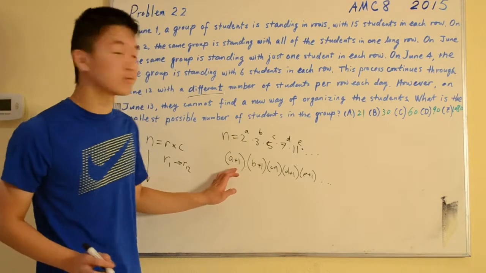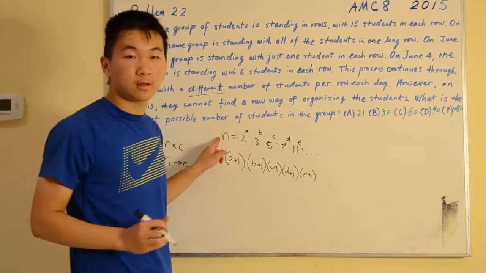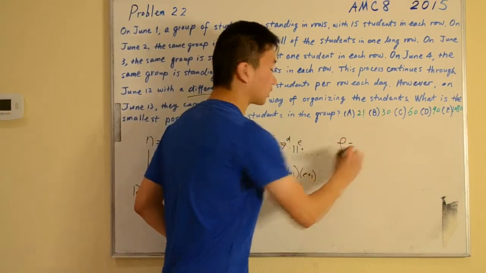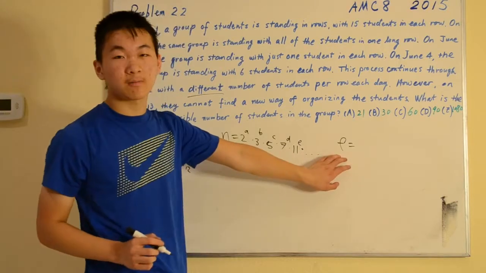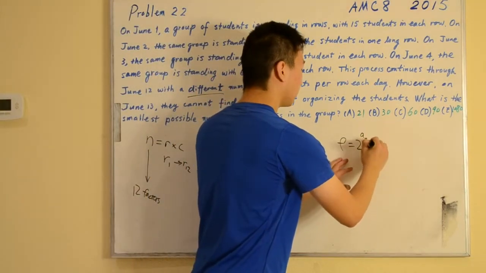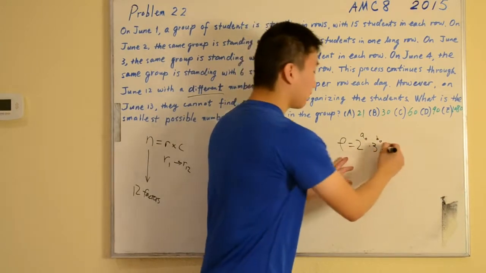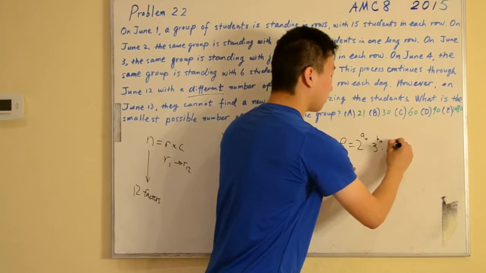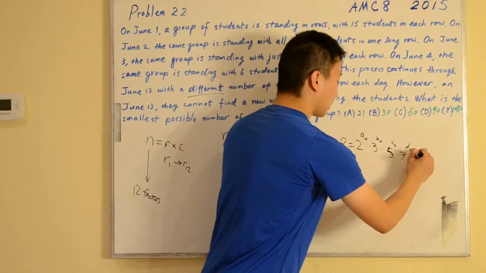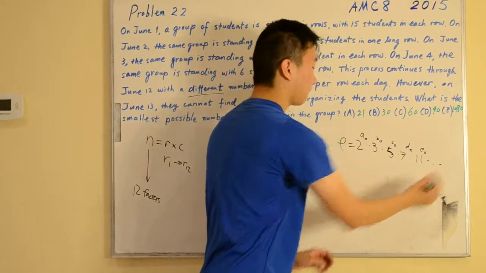So where this formula comes from is the fact that given a factor of n, let's call that f, f can be prime factorized as 2 to the a0 times 3 to the b0 times 5 to the c0 times 7 to the d0 times 11 to the e0 and so forth.